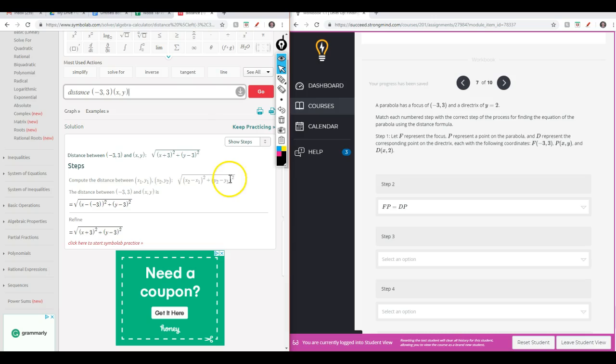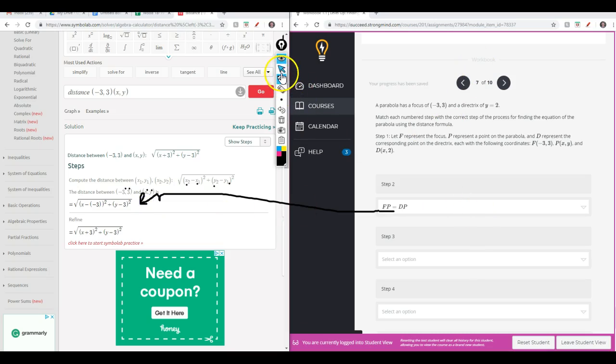So here's our distance formula. We're going to plug in our -3 as our x1, our x as our x2, our 3 as our y1, and our y as our y2. So that's where they came up with this (x minus -3) squared plus (y minus 3) squared. Again, remember that's the distance between F to P.